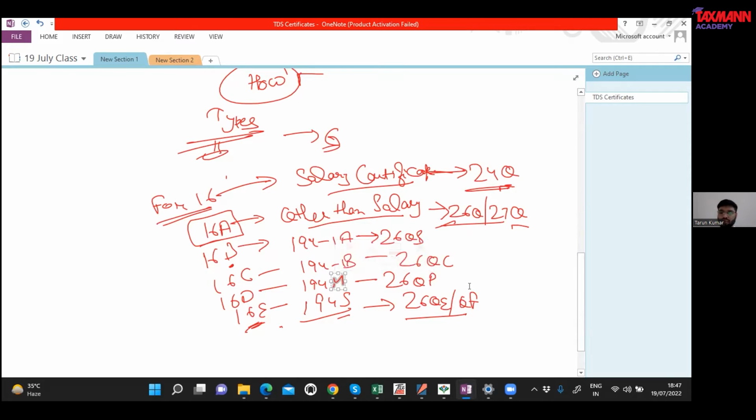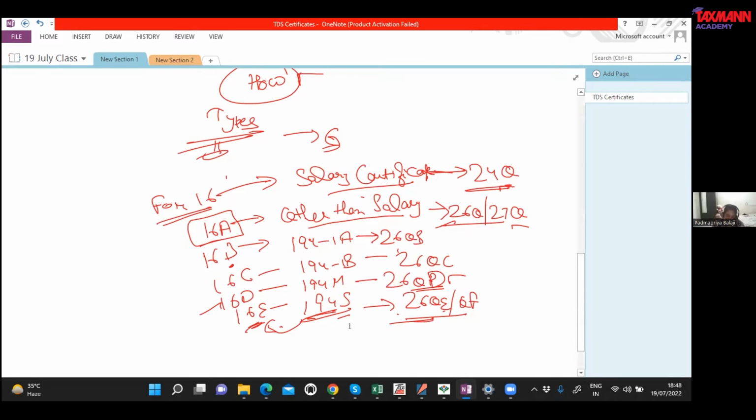So 26QD is the TDS return form, and the certificate is to be issued in Form 16D. 26QE is the TDS return for payment made towards the purchase of crypto by the crypto buyer, and the TDS certificate is to be issued in Form 16E. So in your book, you will only find Form 16, 16A, 16B, 16C, 16D, but 16E will not be there. Okay. So you can write it down. 16E is for crypto, and it was introduced after your class commenced. So your modules were written before that, and Form 16E was introduced after that.